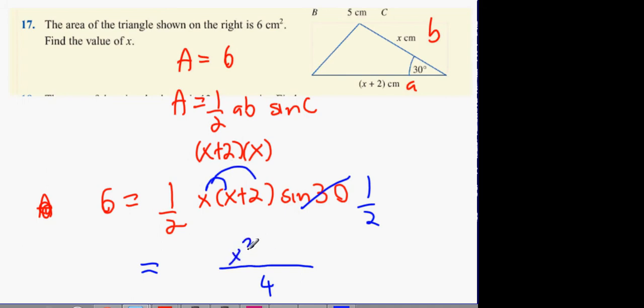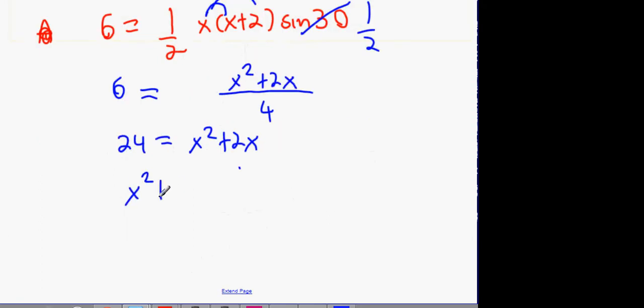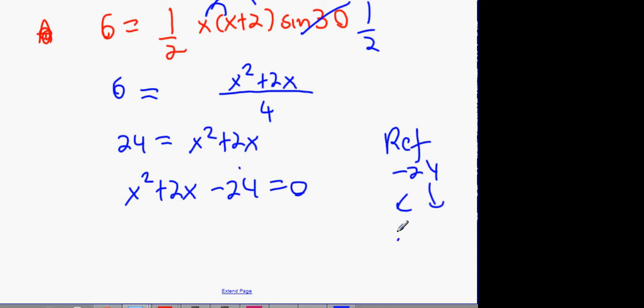You're going to cross multiply. You're going to get 24 equals x squared plus 2x. Bring the 24 over to your side. We're going to get x squared plus 2x minus 24 equals 0. You now have a reference number of minus 24. Minus 24 goes 6 and 4 times, which is going to be plus 6 minus 4.